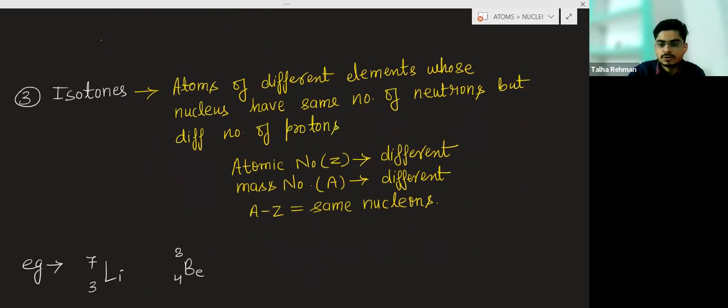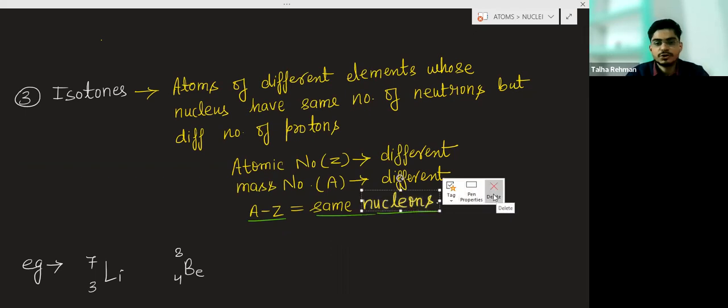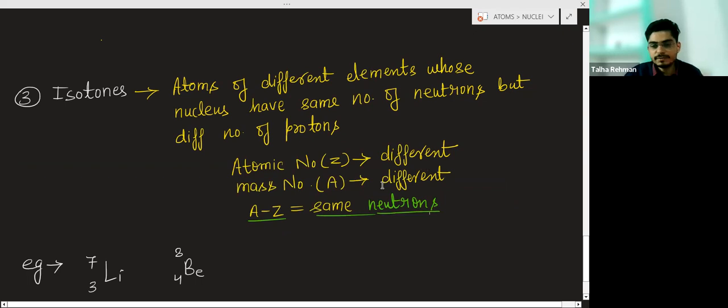Same number of neutrons means A minus Z will be the same, not nucleons. Atomic number will be different, mass number will be different.